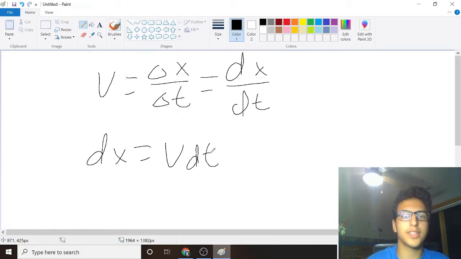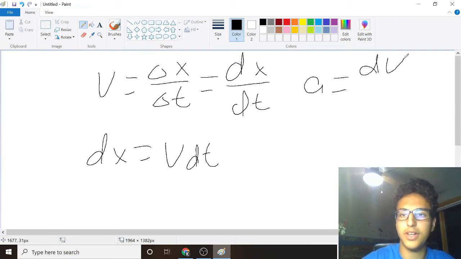Okay, and this can work with acceleration, because what happens when you get to acceleration? We replace this v with an a and this x with a v, and we get that acceleration is equal to the ratio of a small change in velocity to a small change in time, and we can manipulate it again here.